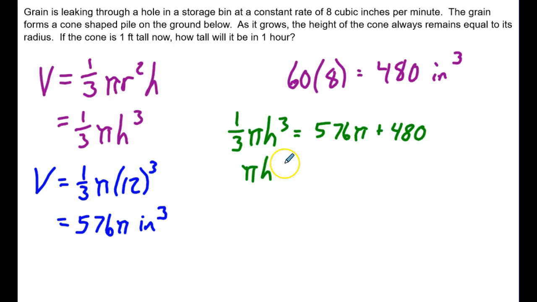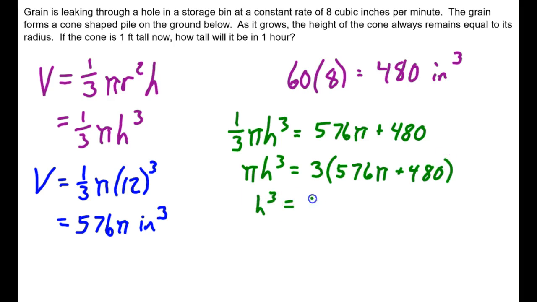So first we can get rid of that 1/3 by multiplying by 3 to each side. So we have 3 times 576 pi plus 480. Next, we would divide by pi. So we have 3 times 576 pi plus 480.